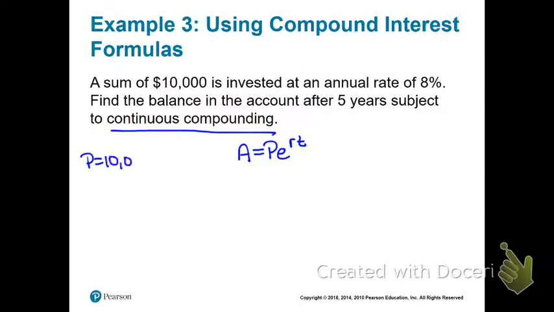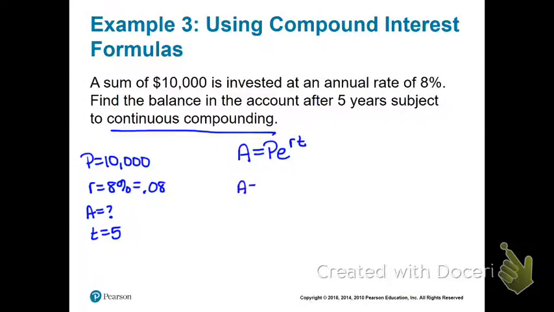That's what we're beginning with. And an annual rate of 8%. So rate is 8%. Divide 8 by 100, we get 0.08. Find the balance in the account, so we're after the ending amount, after 5 years, when continuously compounded. There's no N in this one.